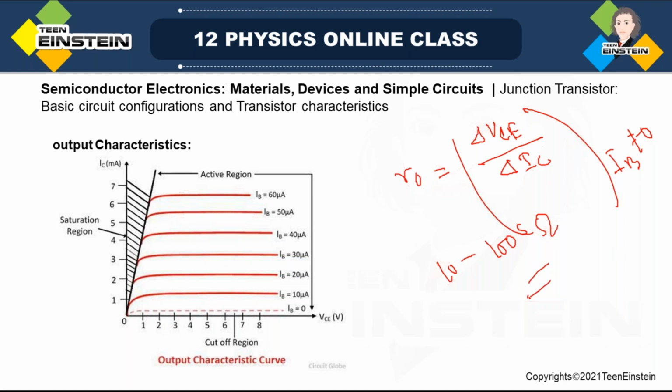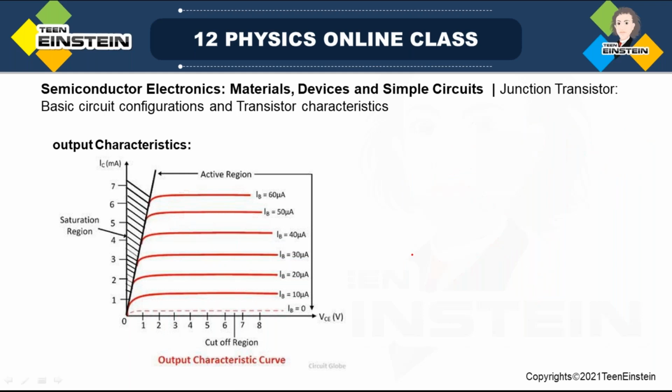Here we'll be defining another term. As I said, there is amplification. So we'll be defining a parameter which is called the current amplification factor, and then I'll stop.